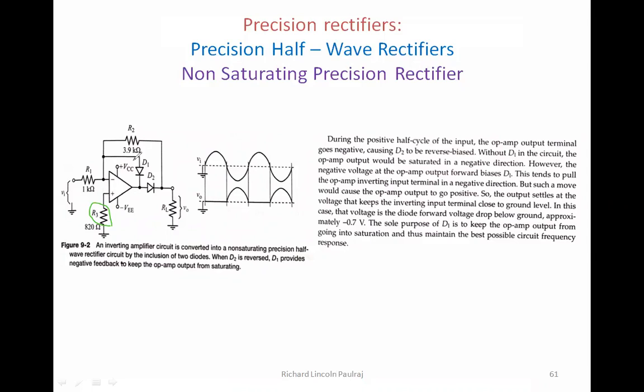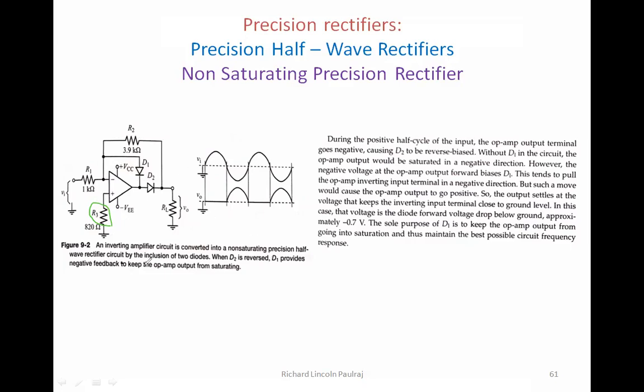So the switching happens faster. Switching means frequency, right? So higher frequency of operation. So to keep the op-amp output from going into saturation and thus maintain a good frequency response, D1 will make sure that the op-amp can be operated at higher frequency.